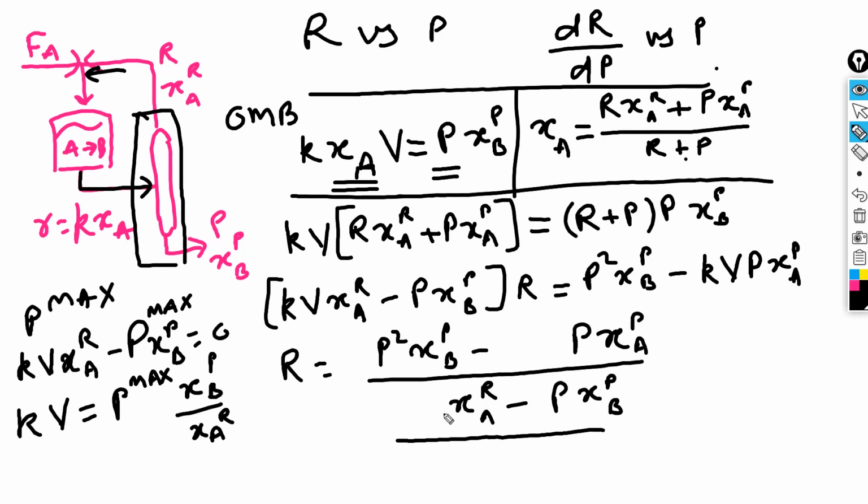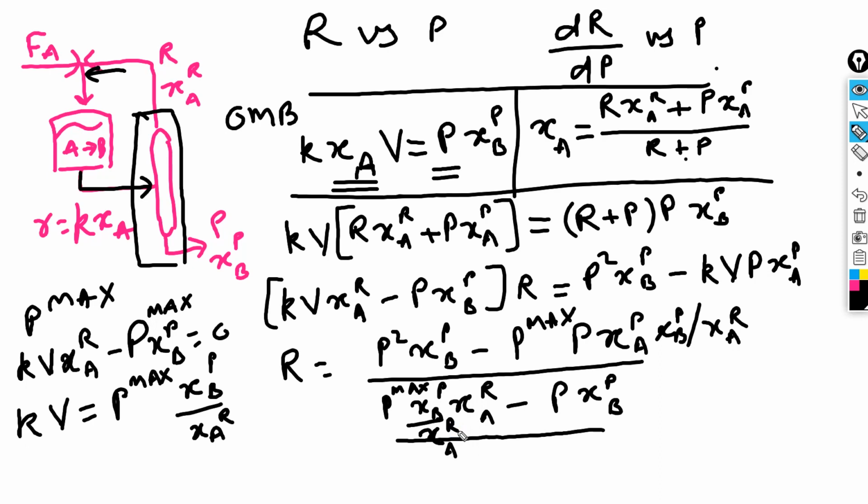And now what I want you to do is replace this KV and this KV with P max XBP divided by XAR. Here too we will get P max XBP divided by XAR.